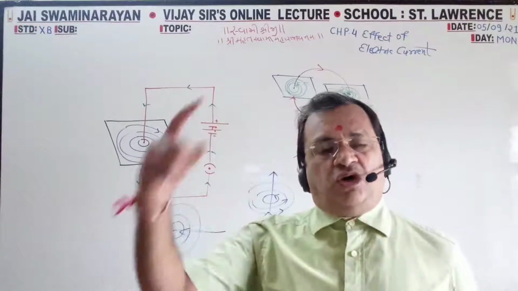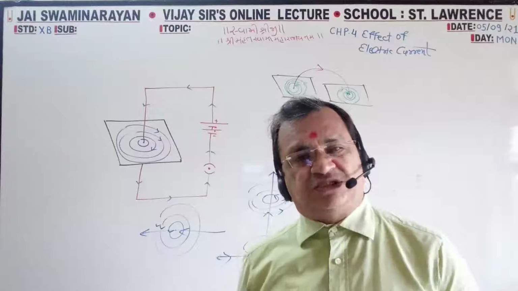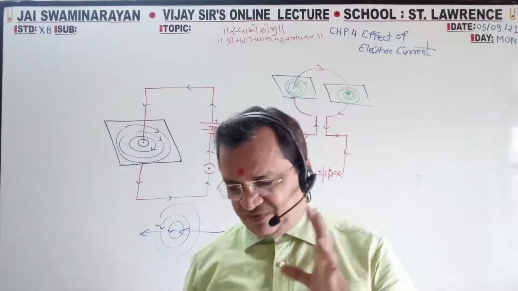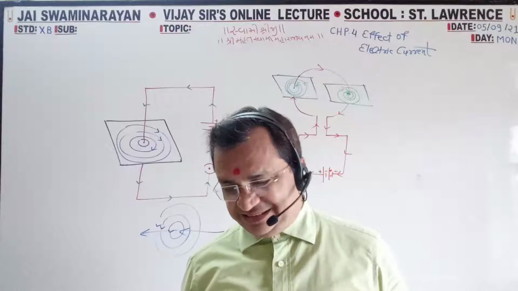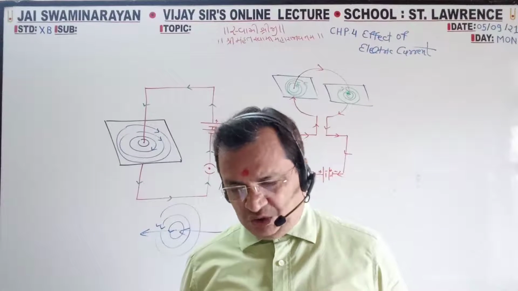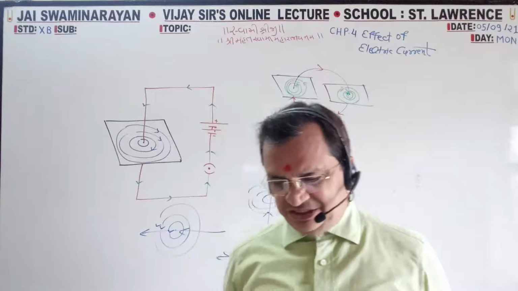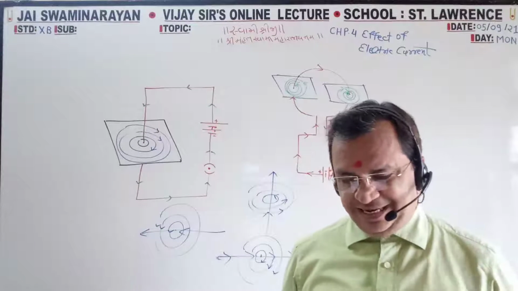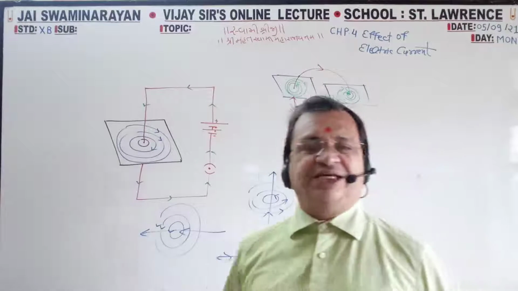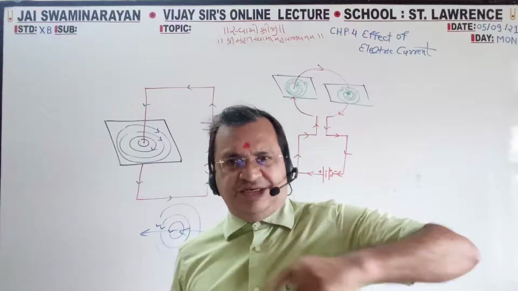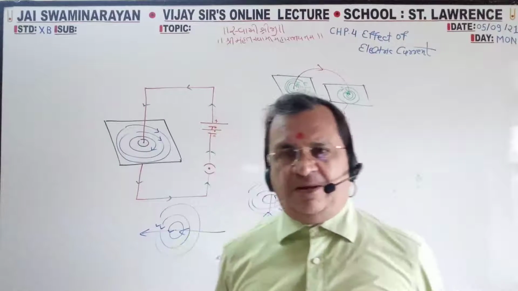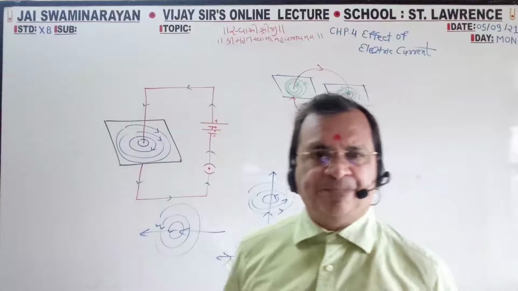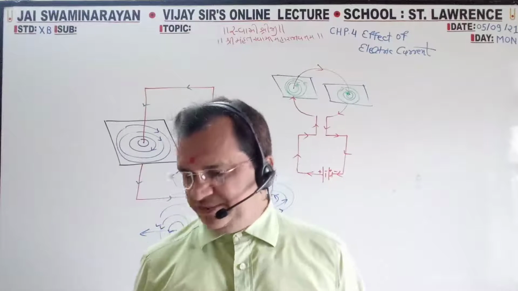Many rounds of copper wire, that is known as a solenoid. What is the definition? When a copper wire with a resistive coating is wound in a chain of loops like a spring, it is known as a solenoid. It is a spring of copper wire.